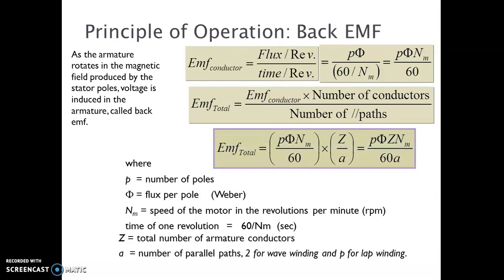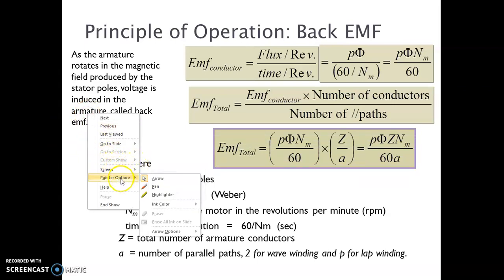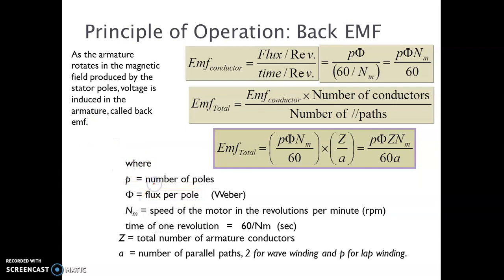Now in this video I will explain how induced EMF is produced and how we create induced EMF in a DC machine. As the armature rotates in the magnetic field produced by a stator pole, voltage is induced in the armature, called back EMF. This is the definition of back EMF.